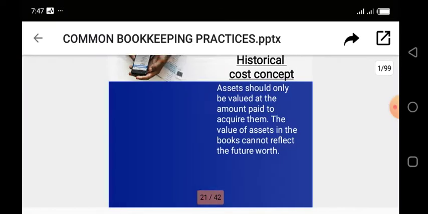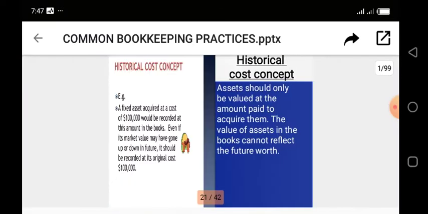The next is the historical cost concept. This principle states that assets should only be recorded at the value at which you acquired them, not the current value or the future value, but the value of the item at which you bought it should be recorded inside the accounting book.